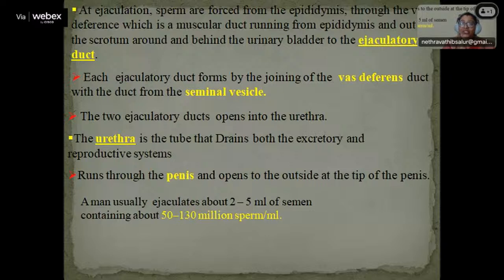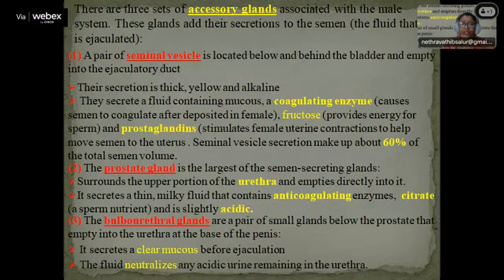Remember, every ejaculation will produce about 50 to 130 million sperms for 1 ml of the semen. Next, the accessory glands include the seminal vesicle, which produces a yellow fluid called semen. This semen has fructose, which provides energy for the sperm to move.